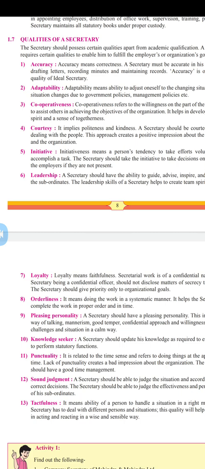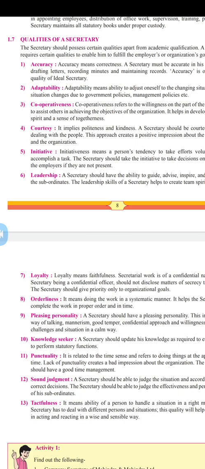Then 10th is knowledge seeker. The role of secretary is very dynamic. It is necessary that the secretary keeps upgrading, that means he should always be upgraded with the situation. He should always be a knowledge seeker, means he always finds out the new things, or what is new in the market.